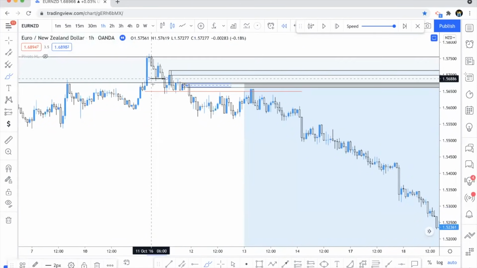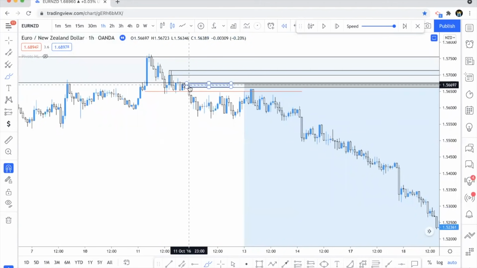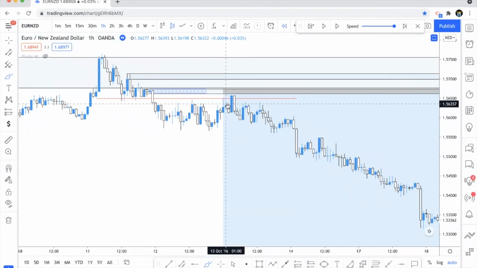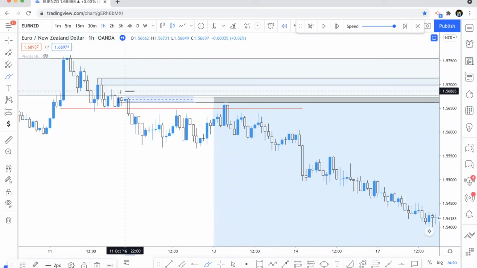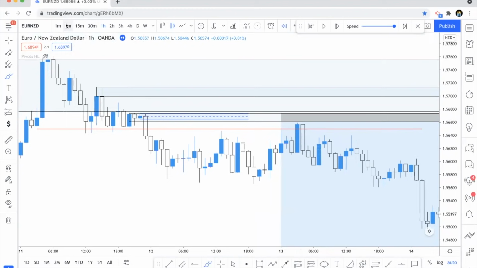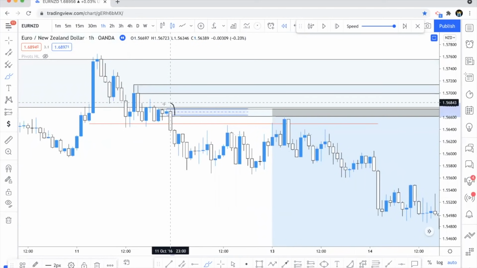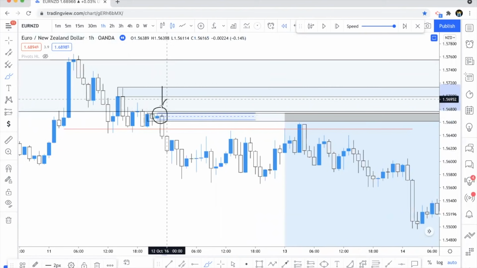Whereas we had 1 and 2 break of structures, then we waited for the market to pull back to mitigate this order block, right? So if you wanted to refine this order block right here, you would go even lower on a 30-minute, 15-minute, 1 minute, as I mentioned in the beginning of the video, and you would find a smaller order block inside this order block.